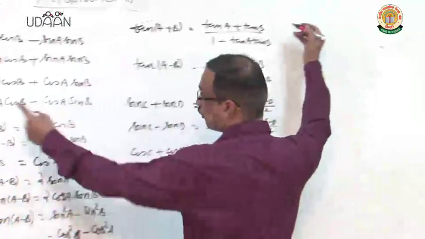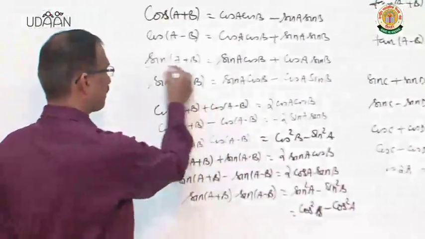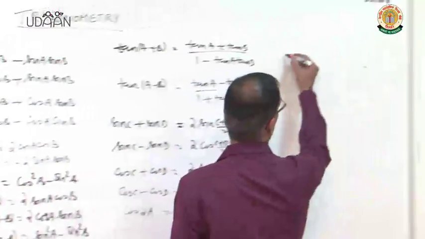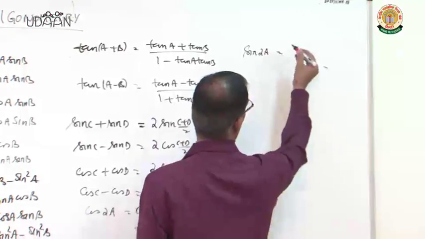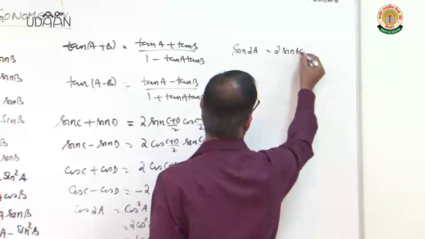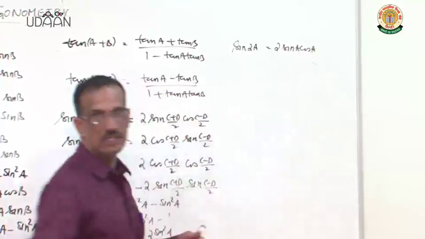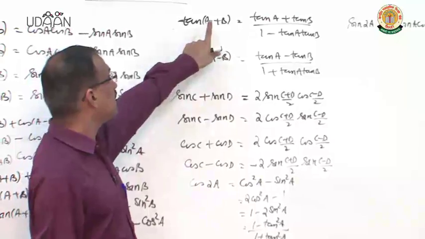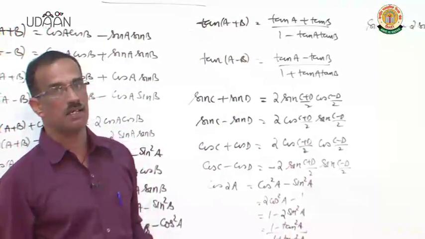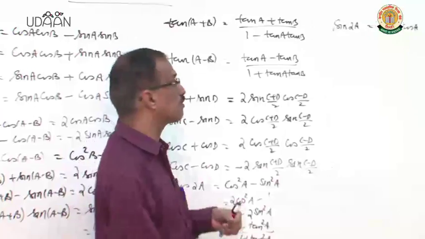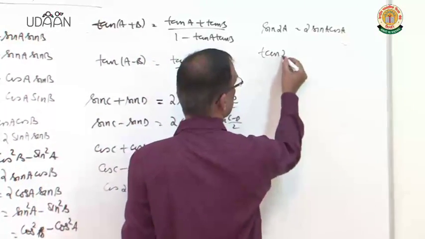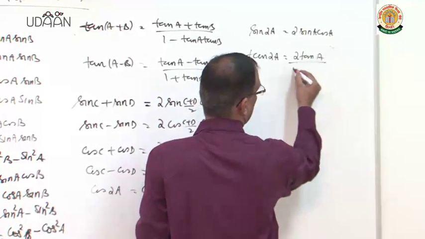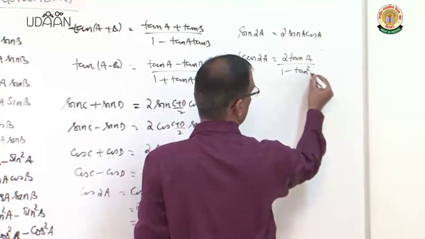Again, in sin(A+B), if you replace B with A, you get sin 2A equals 2 sin A cos A. Similarly, in tan(A+B), if you substitute B equal to A, you get tan 2A equals 2 tan A upon 1 minus tan squared A.